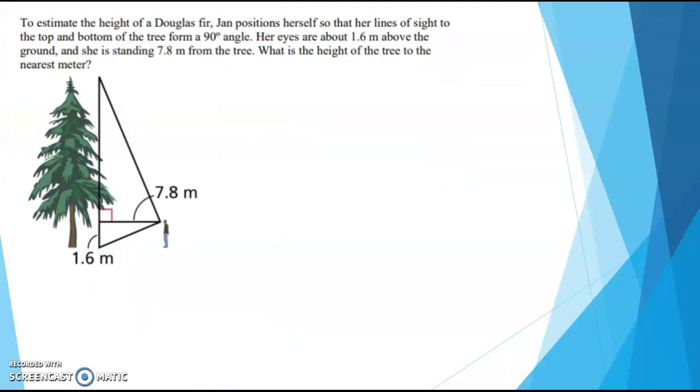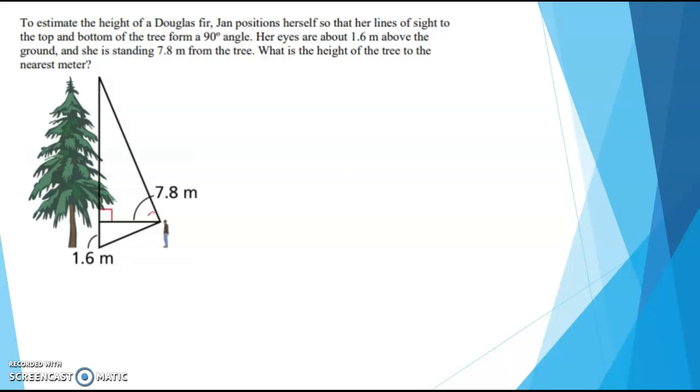So let's look at a word problem. To estimate the height of a Douglas fir, Jan positions herself so that her lines of sight to the top and the bottom of the tree form a 90-degree angle. Her eyes are about 1.6 meters above the ground, and she is standing 7.8 meters from the tree. What is the height of the tree to the nearest meter? So she is positioning herself so her lines of sight form a 90-degree angle.